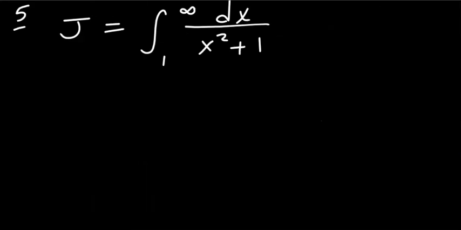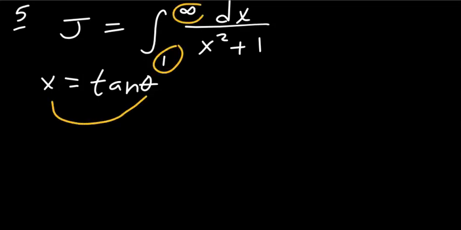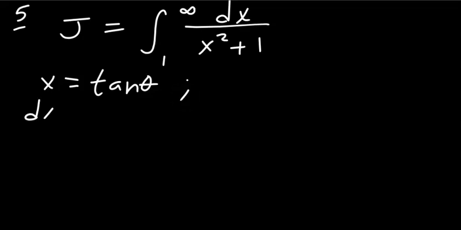Now let's look at the fifth integral. Again, the upper limit is infinity. And looking at the nature of the integrand, we can use the following substitution, x being tangent theta. Since the variable is changing from x to theta, the limits must also be changed. So let's work out the limits. But before that, dx is secant squared theta d theta.